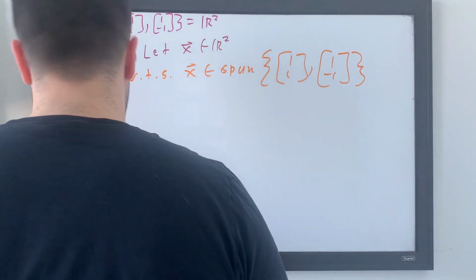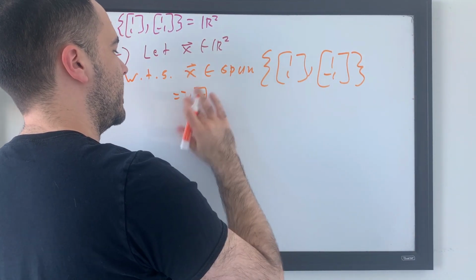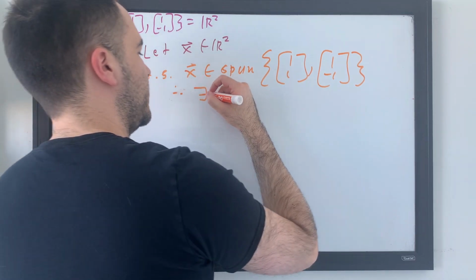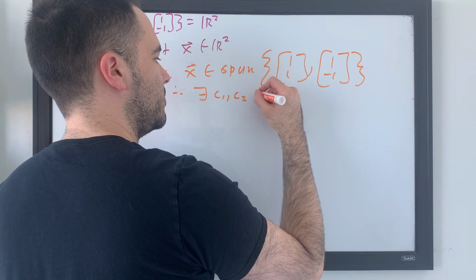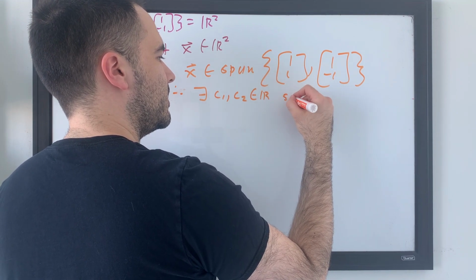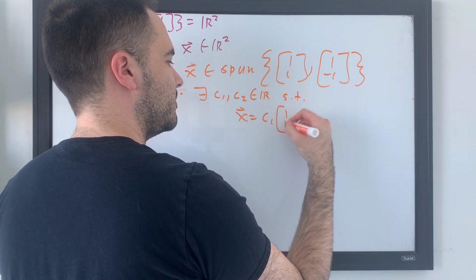Well, how do we do that? We need to show that there exists a C1 and C2 that are real numbers, such that x can be written as a linear combination of these.